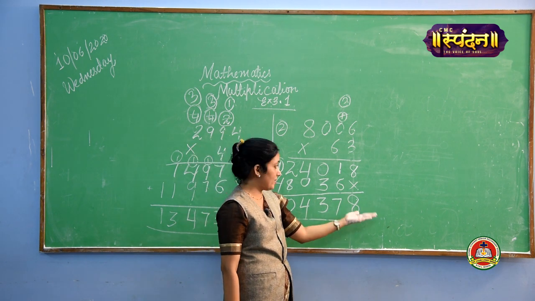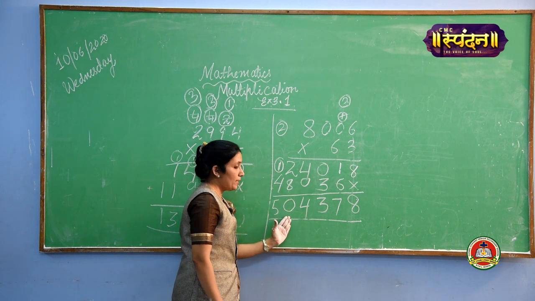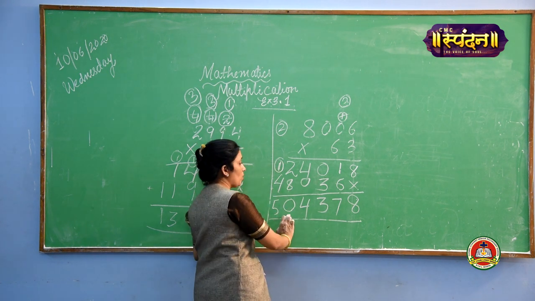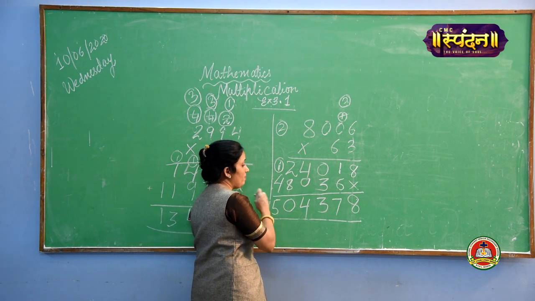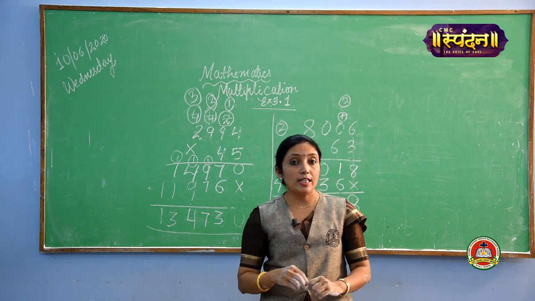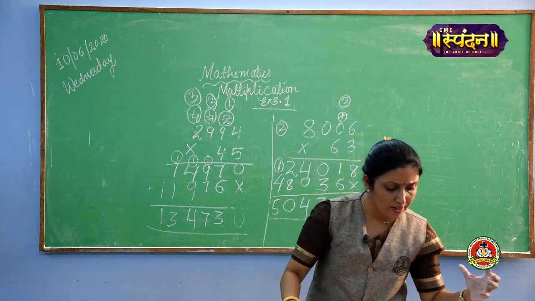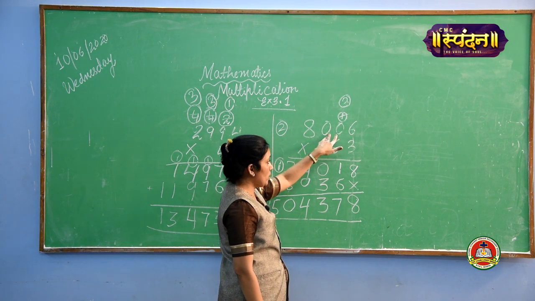So I have added it. 8 7 3 4 8, plus 2, 10, 1 carryover, 4 plus 1, 5, 5 lakh 4,378.